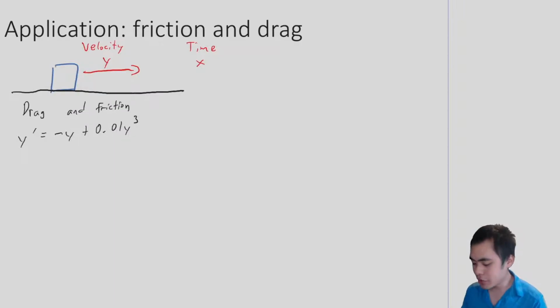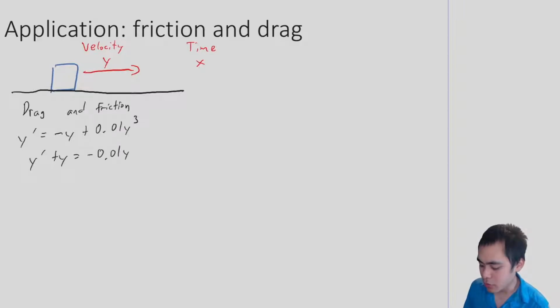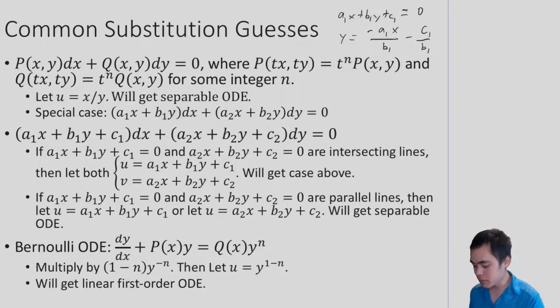Now, unfortunately, when you rearrange this, you end up with y prime plus y is equal to minus 0.01 y cubed. This is an autonomous function, but it is unfortunately nonlinear. Luckily, once we rearrange it in this way, it looks exactly like this Bernoulli ODE.